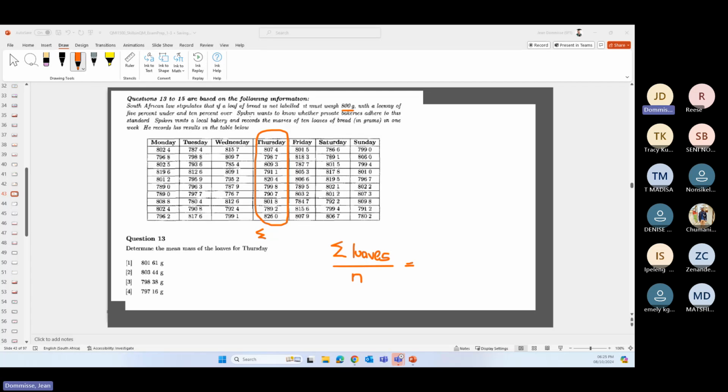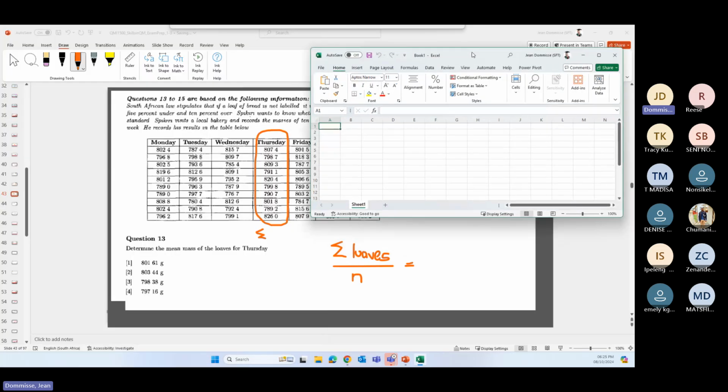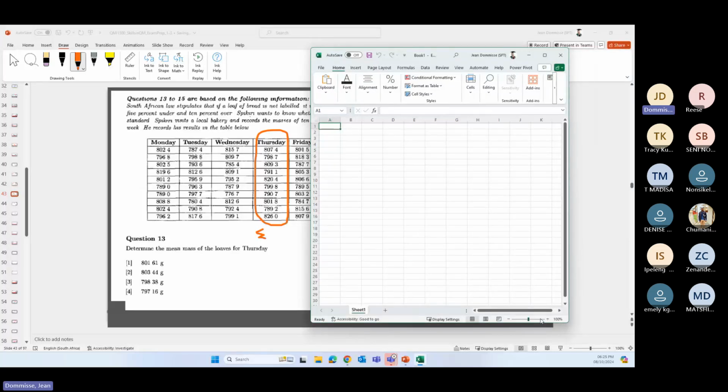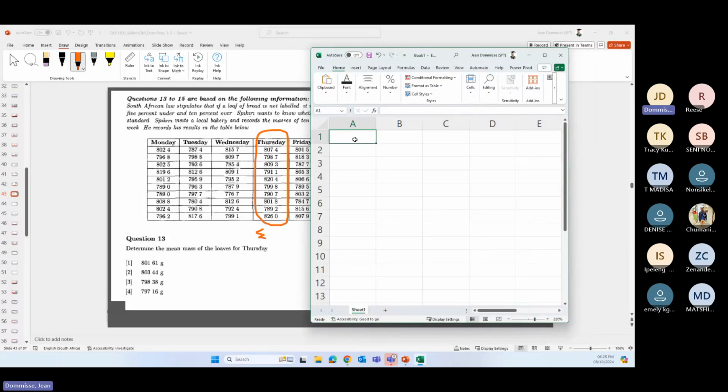Let's put this in, and let's make it bigger. We're now only going to look at Thursday. So there was 807.4. On your calculators, one can do it as well.